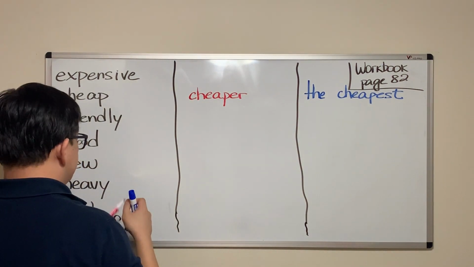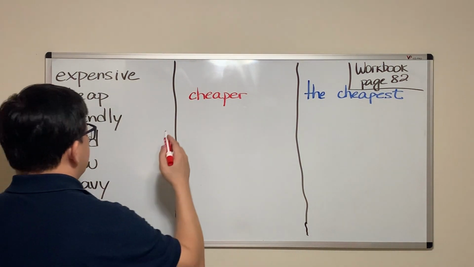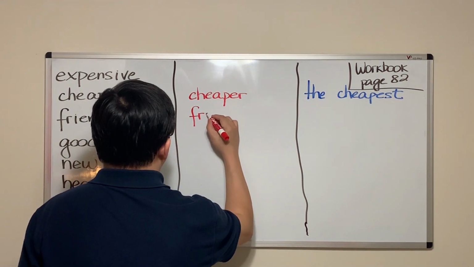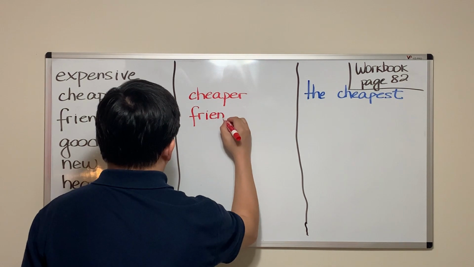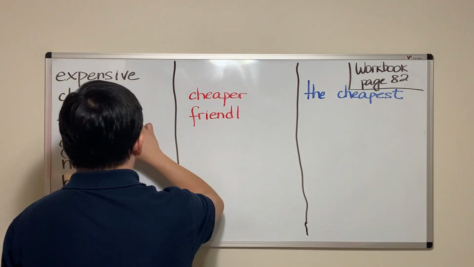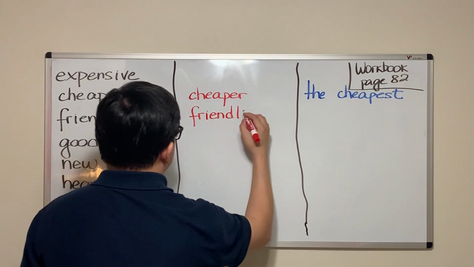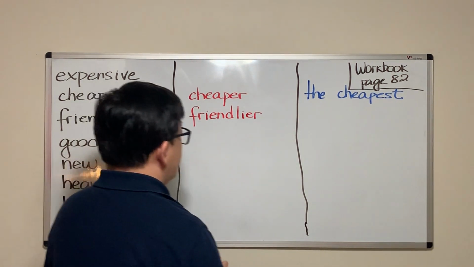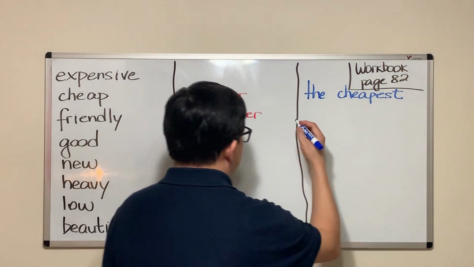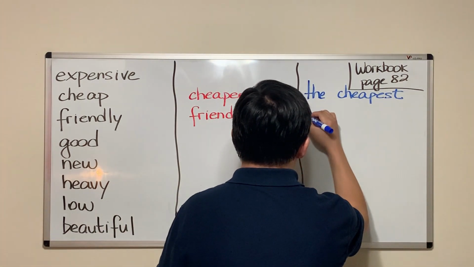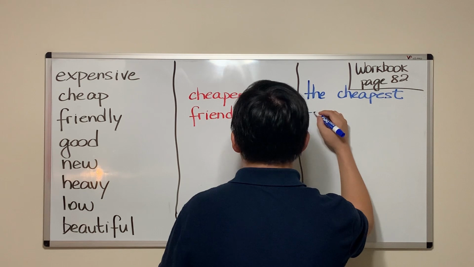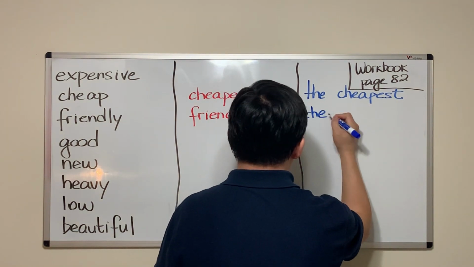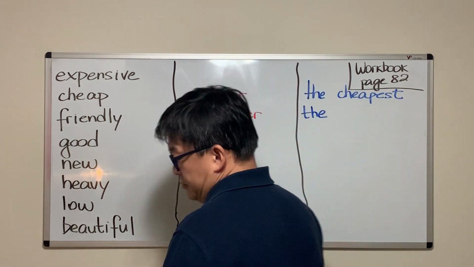Friendly. The comparative is, because it ends with Y, you change the Y to I, friendlier. And the superlative is the what?